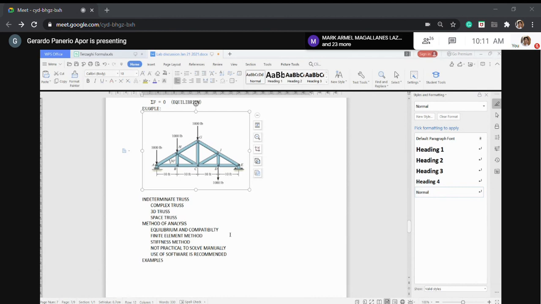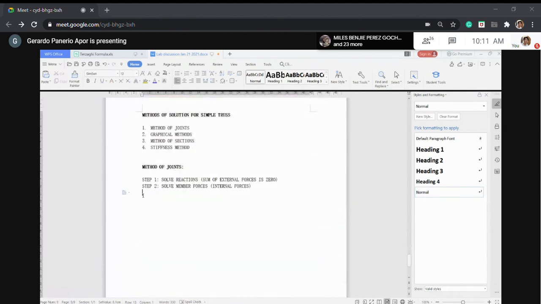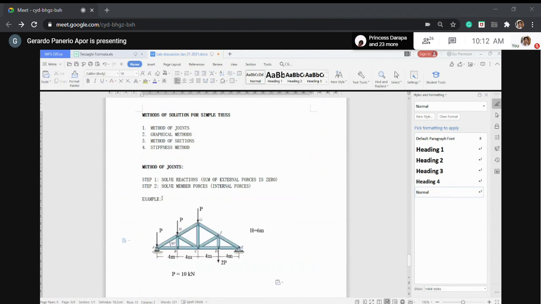Okay, so we will solve an example of method of joints. So we have an example. Paste this. Okay.